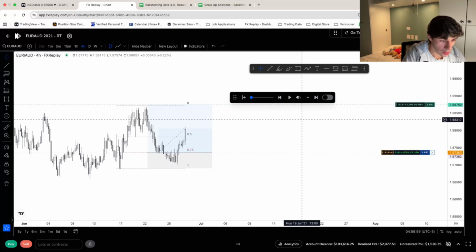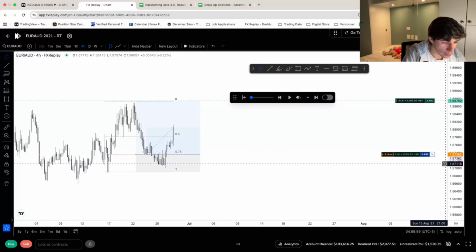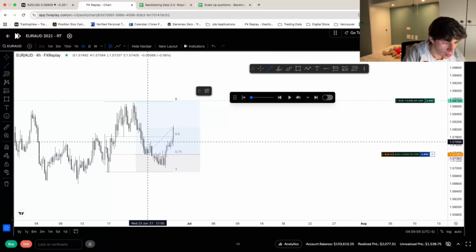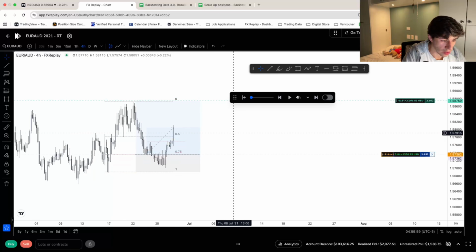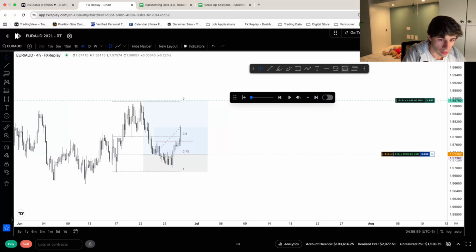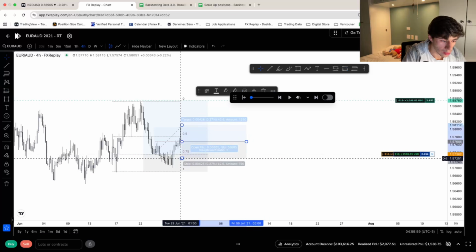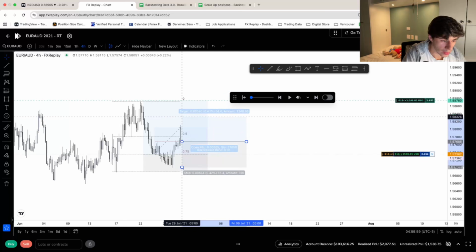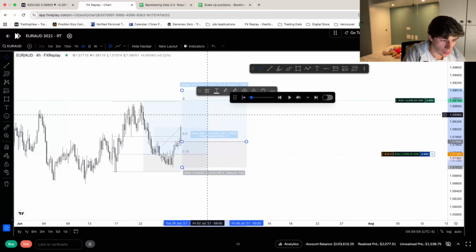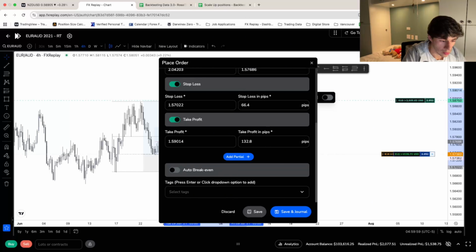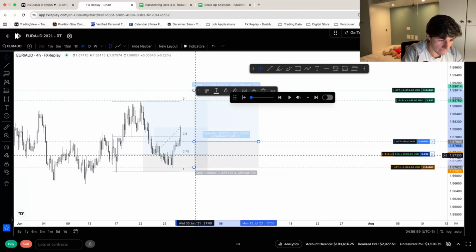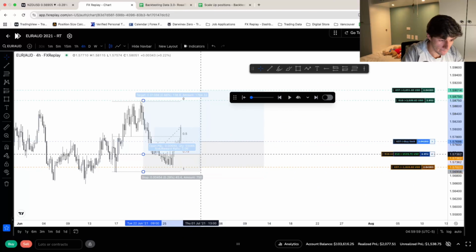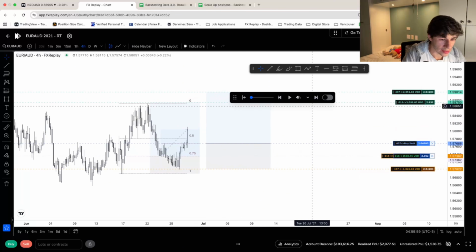There you go. Okay, so now we look for re-entry opportunities. So the only possibility in this case would be from here. There's no fair value gap, but there is a change of character, change of structure. So I will be entering from here with my stop loss here and targeting at 1 to 2. So here, save. Let's see if we get tagged in.